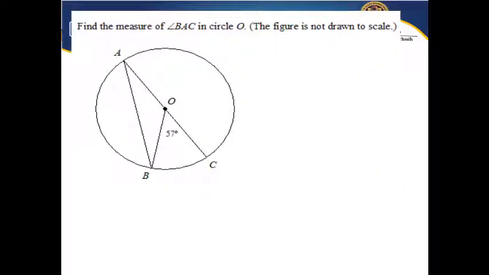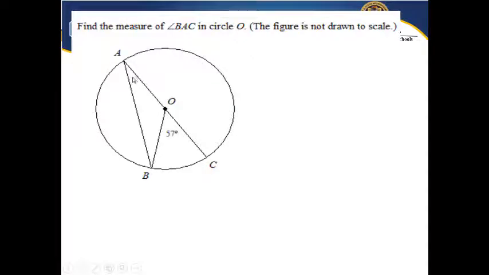Let's solve this question. Find the measure of angle BAC in circle O. Here we have 57 degrees. This is the measure of angle BOC, the central angle. And we know that the measure of the central angle is the same as the measure of the arc. Then arc BC is the same, 57 degrees.